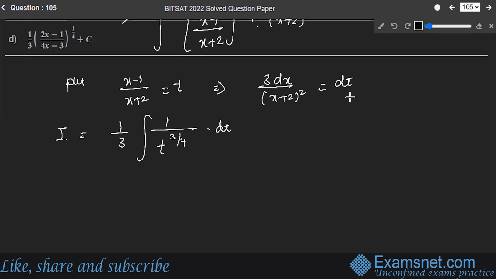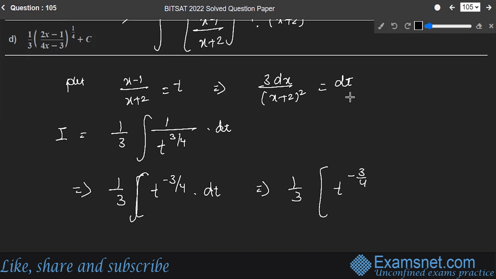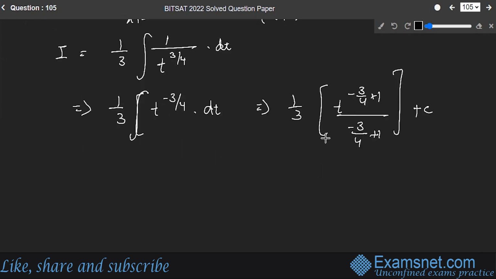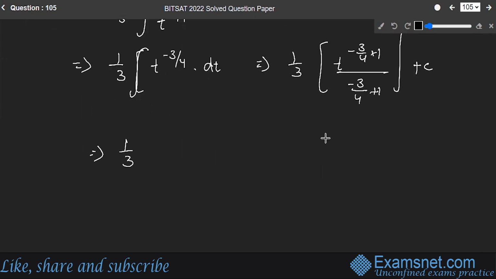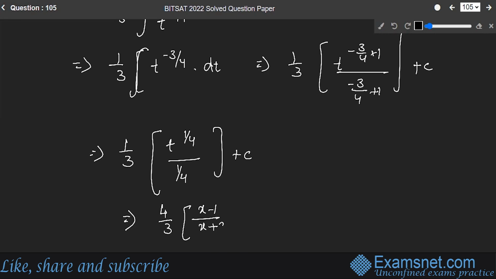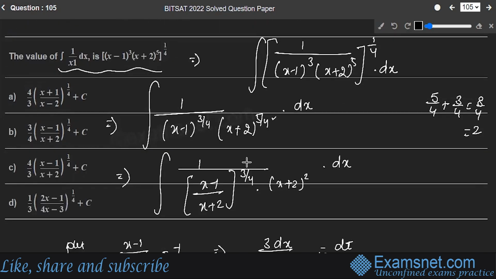So further, this is equal to integral of t raised to power minus 3 by 4 into dt, that is equal to t raised to power minus 3 by 4 plus 1 upon minus 3 by 4 plus 1 plus c. So this will be t raised to power 1 by 4 upon 1 by 4 plus c, or you will have here 4 by 3. I'm going to put the value of t: x minus 1 upon x plus 2 raised to power 1 by 4 plus c. So this is the answer to the question, and we have option C as the correct answer.